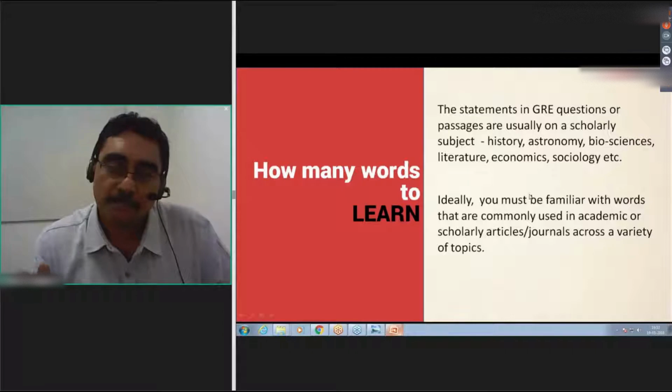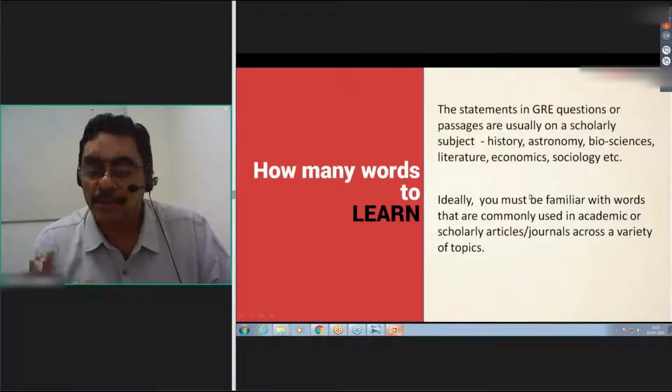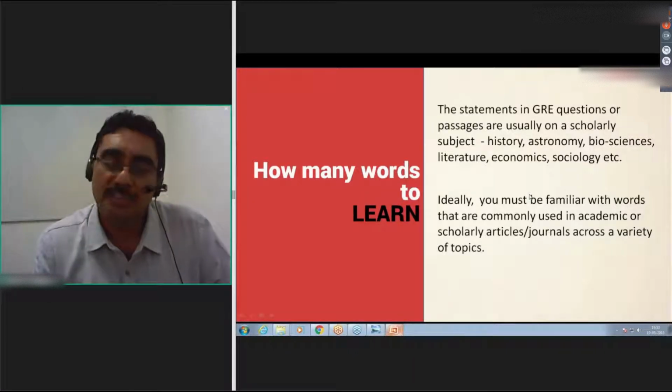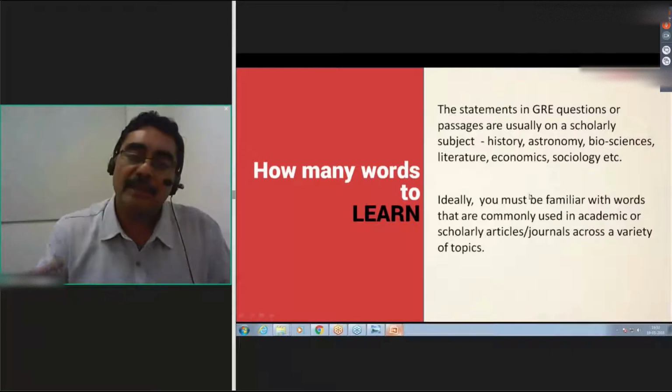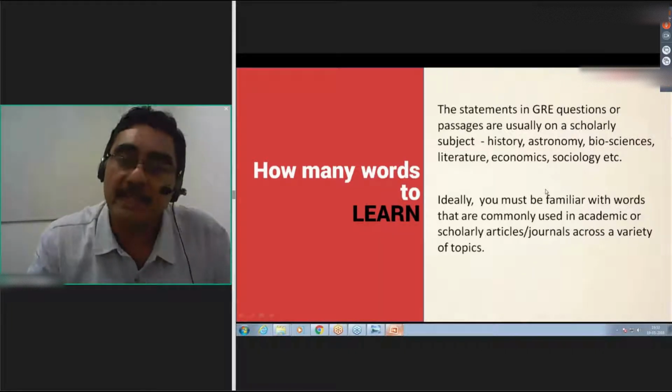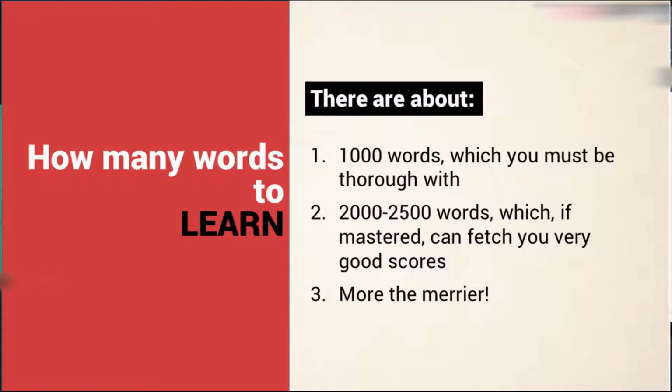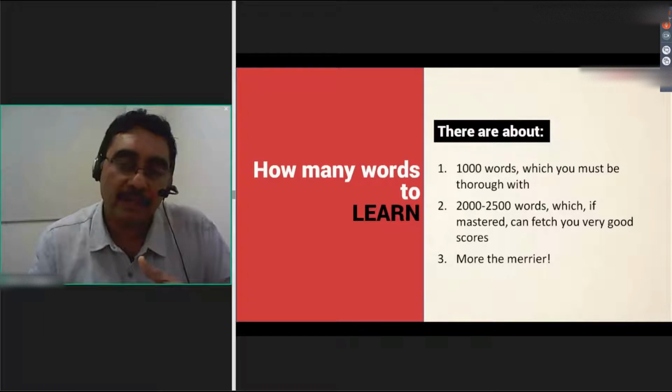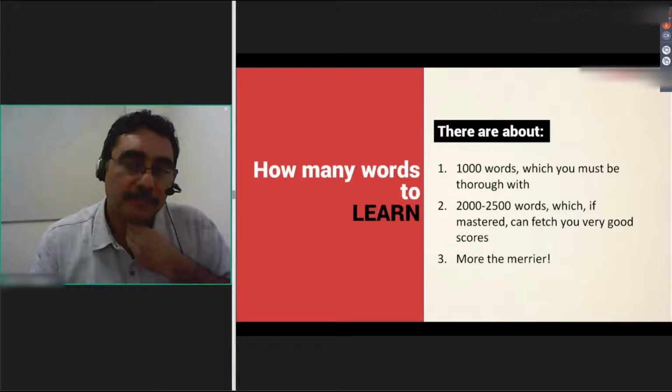If you just read scholarly articles or even editorials from 2-3 newspapers regularly, you will definitely develop the right vocabulary that is needed for this GRE. Fine. So that's what I was saying. 1,000 words are good. If you can master 2,000, 2,500, it's an overkill. 1,500, 1,800 should be good.